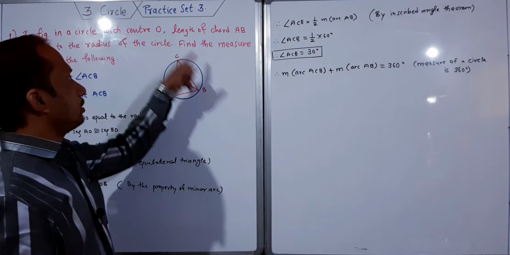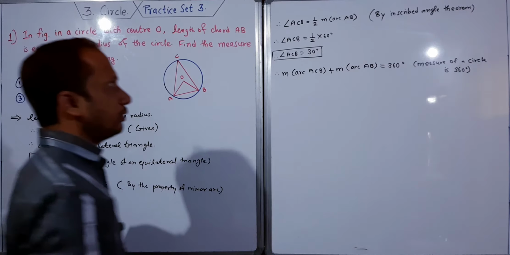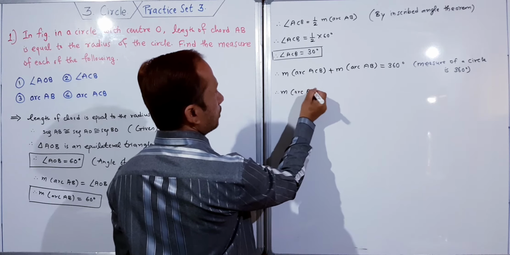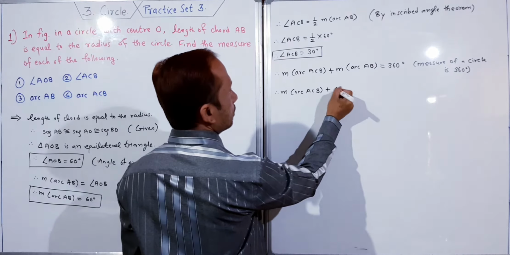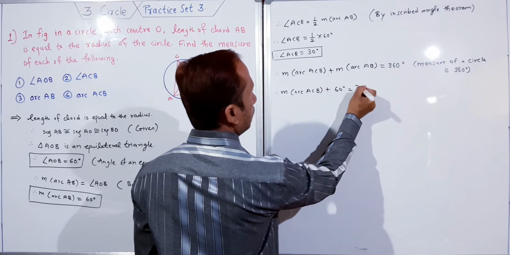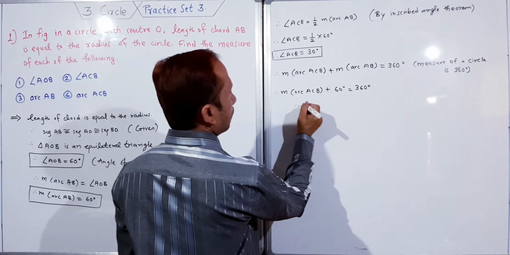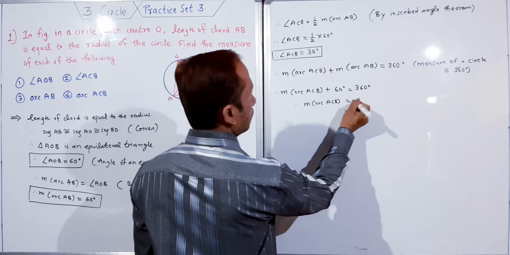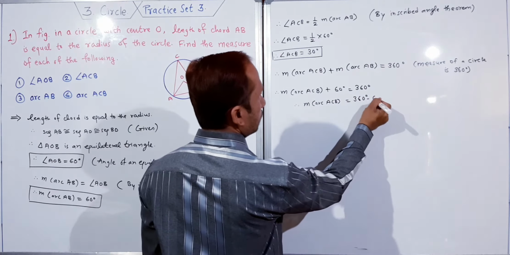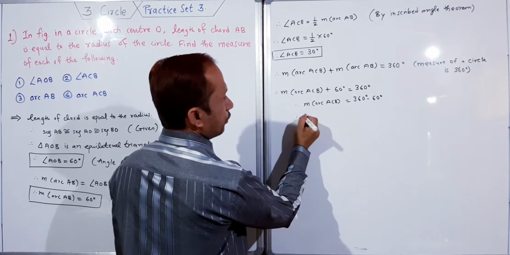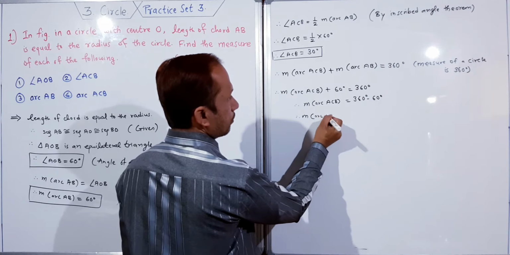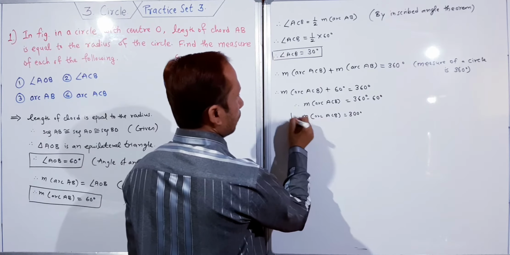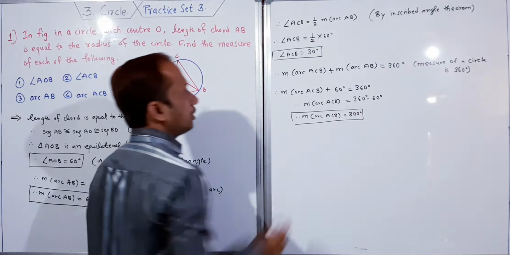This ACB and this AB make the whole circle. So measure of arc ACB plus 60 is equal to 360. Therefore measure of arc ACB is equal to 360 minus 60, which is 300 degrees. So these are the solutions.